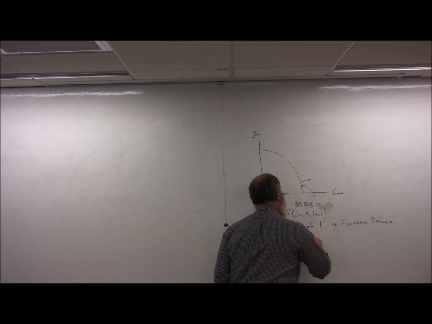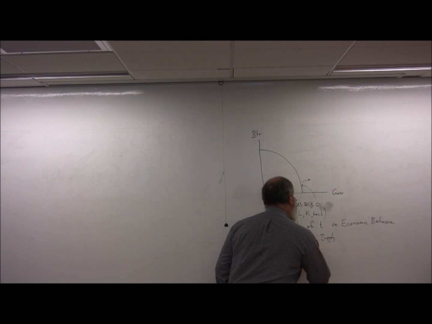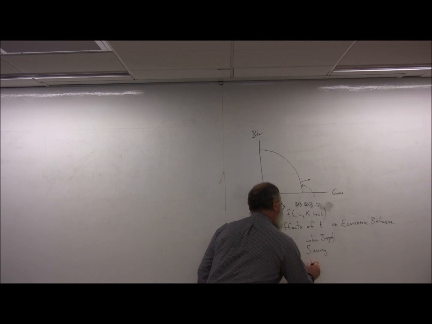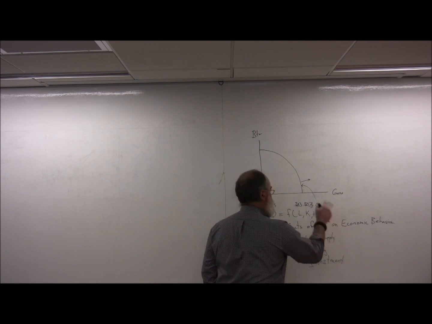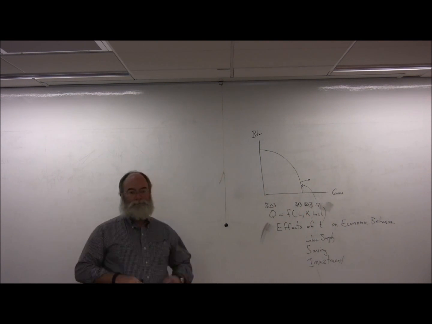So the supply-siders focused in particular on three types of economic behavior. One was labor supply, one is saving, and one is investment. Saving and investment contribute to growth in capital.